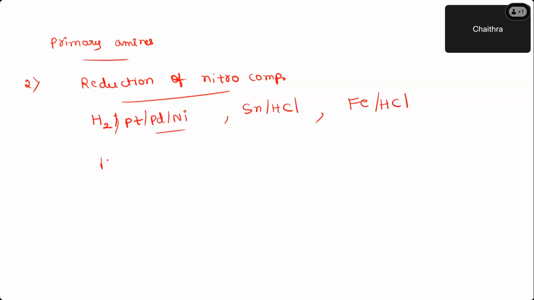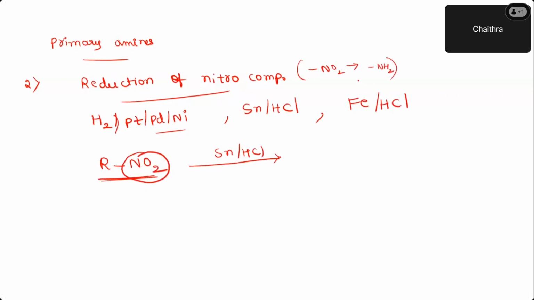It's very simple. Take the starting material as RNO2, a nitroalkane. On the arrow mark, write any reducing agent. You can write H2 with Pt also. So basically you will be reducing this group. Remember, the NO2 group reduces into NH2.